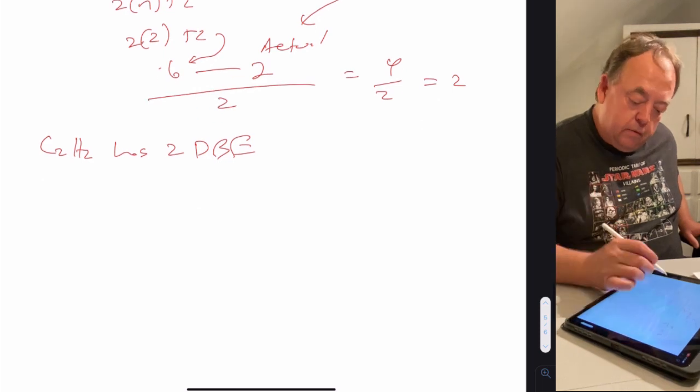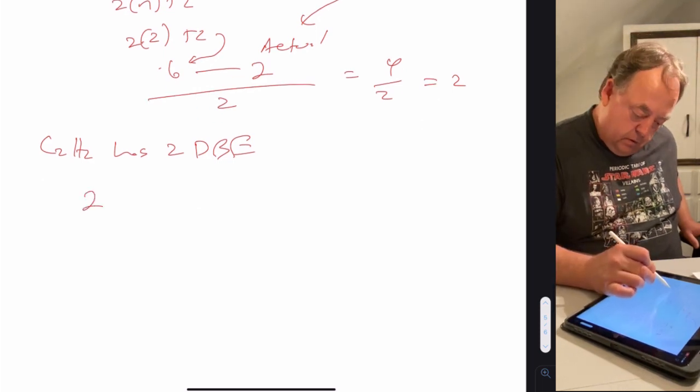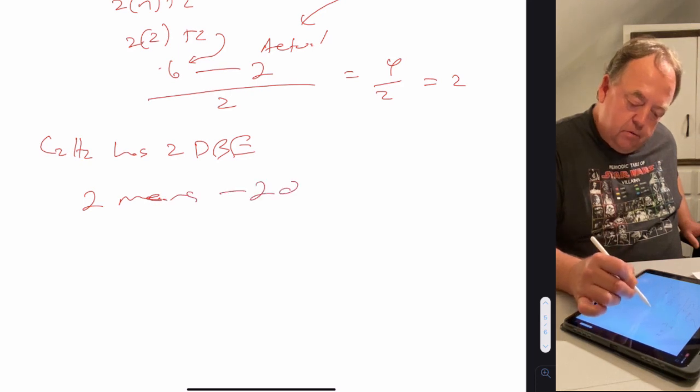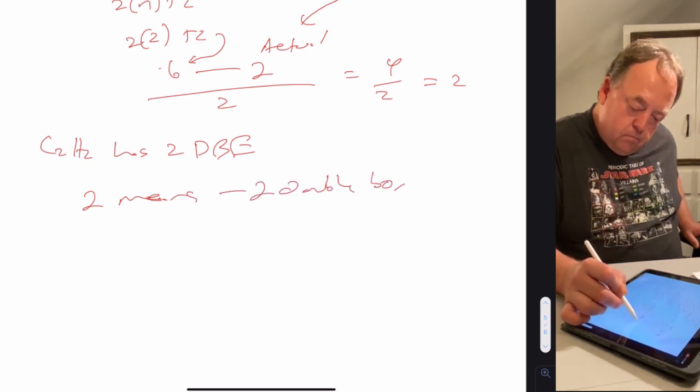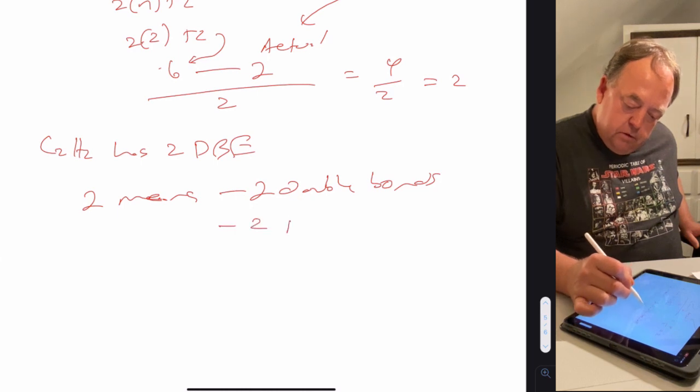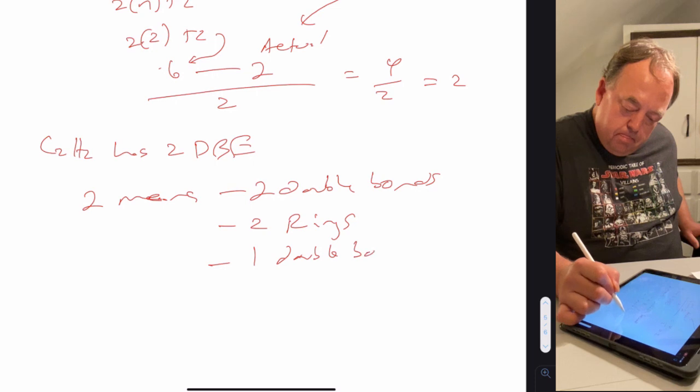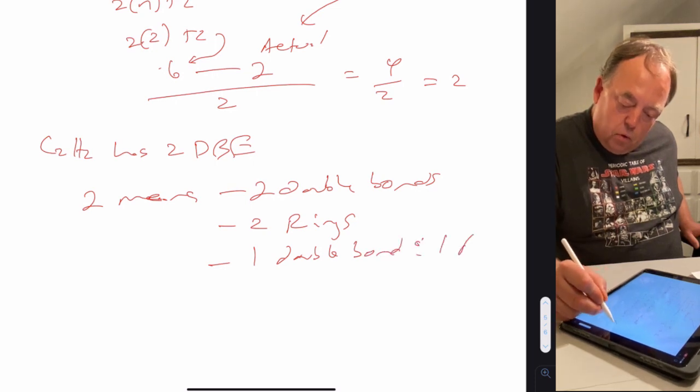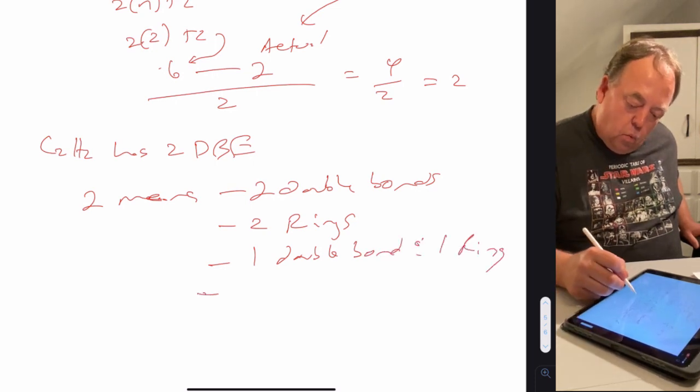What does two double bond equivalencies mean? That means two double bonds, or two rings, or one double bond and one ring, or one triple bond.